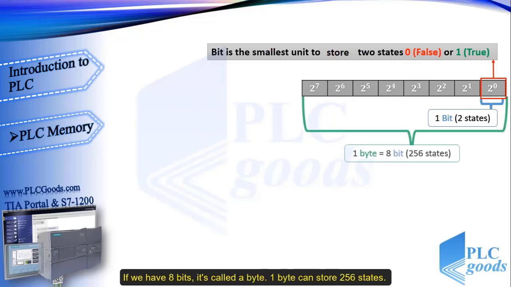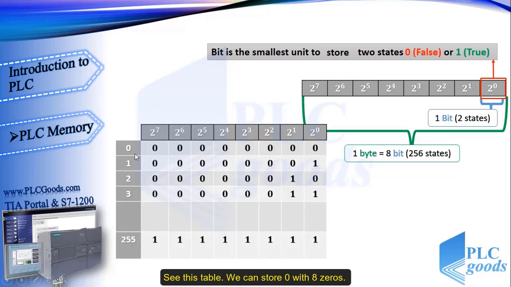If we have 8 bits, it's called a byte. 1 byte can store 256 states. See this table. We can store 0 with 8 zeros, 1 with 7 zeros plus 1, and similarly 2, 3 to 255.